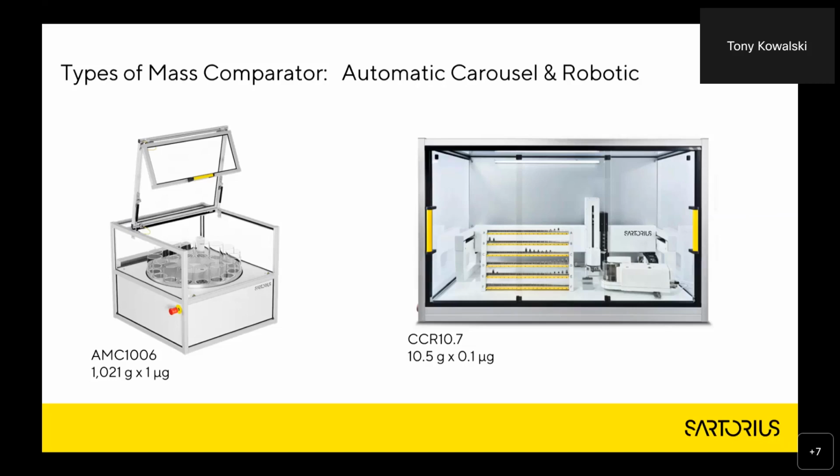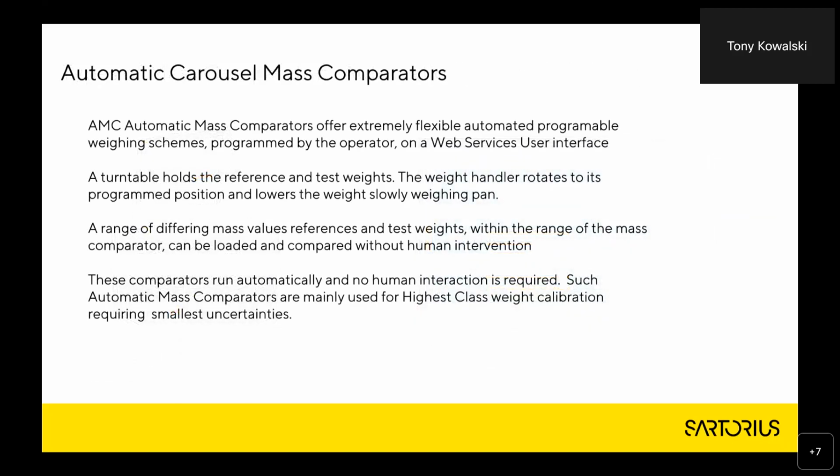The next option is a carousel-based automatic mass comparator. So in a carousel-based system, they're extremely flexible.